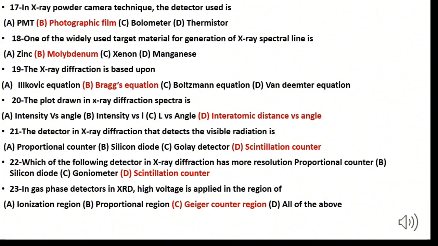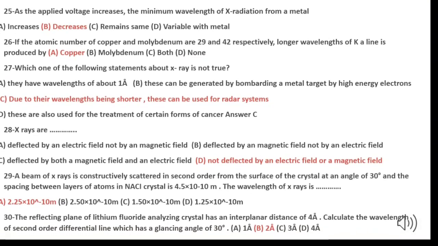21. The detector in X-ray diffraction that detects the visible radiation is the scintillation counter. 22. Which of the following detectors in X-ray diffraction has more resolution? The answer, scintillation counter. 23. In a gas phase detector for X-ray radiation, high voltage is applied in the region of the Geiger counter region. 25.